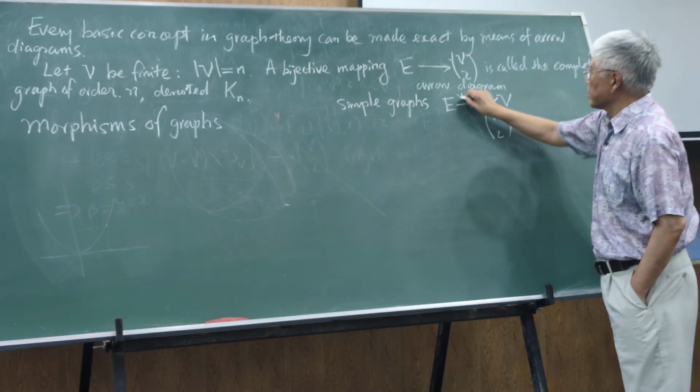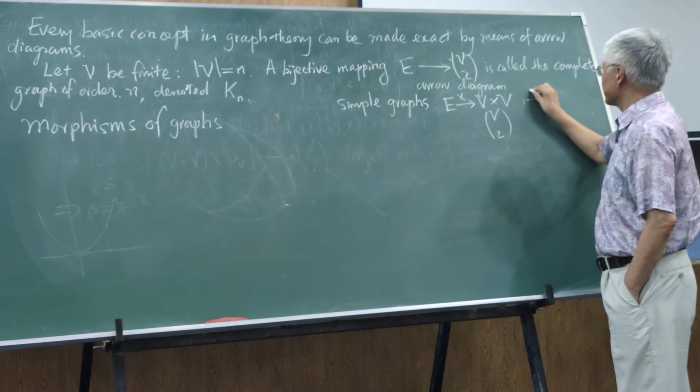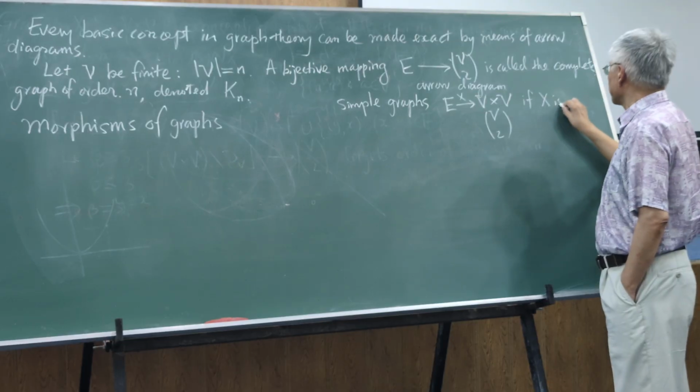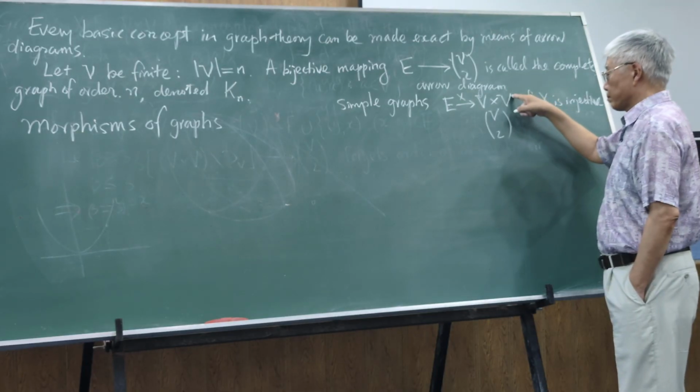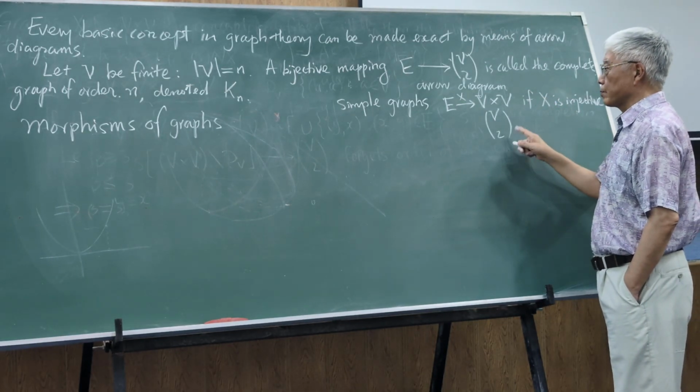If this X is injective, it is the same as a binary relation in this case. It is the same as a simple graph in that case.